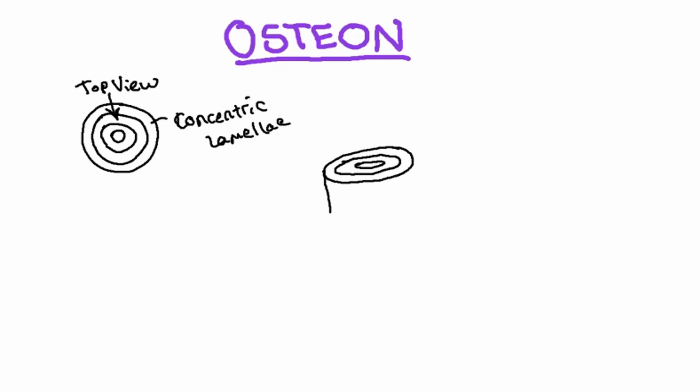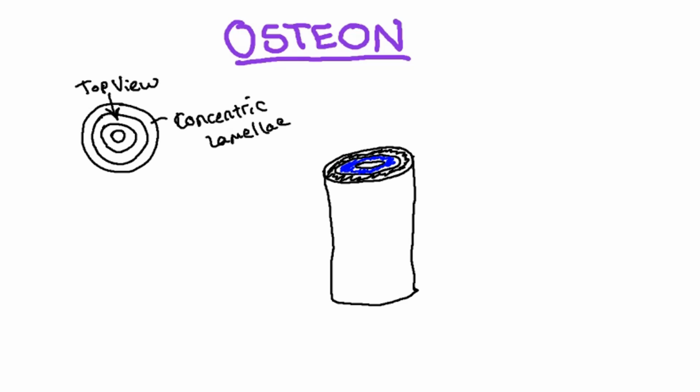So actually, this osteon rather, is a cylinder shape like this. And each layer of lamella is one whole sheet that is wrapped around another layer of lamella that's a whole sheet that wraps all the way around.